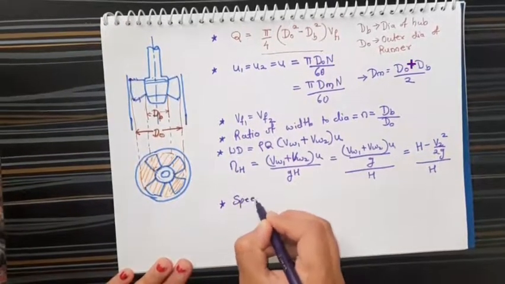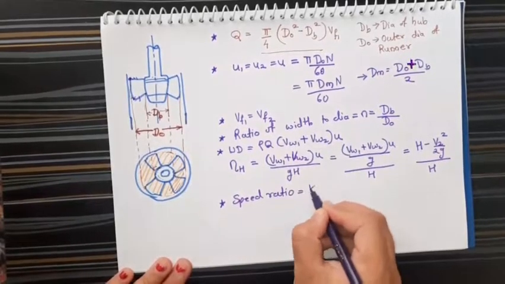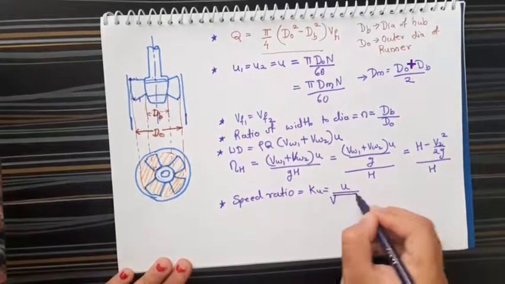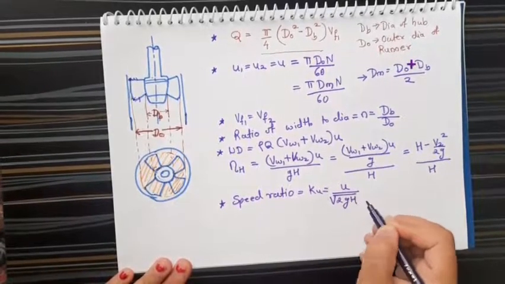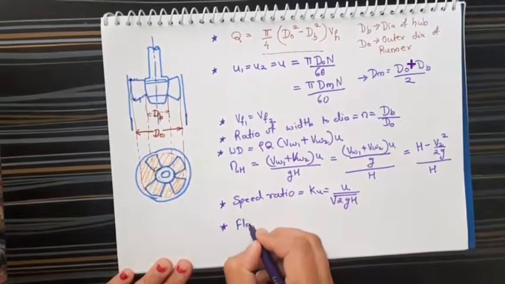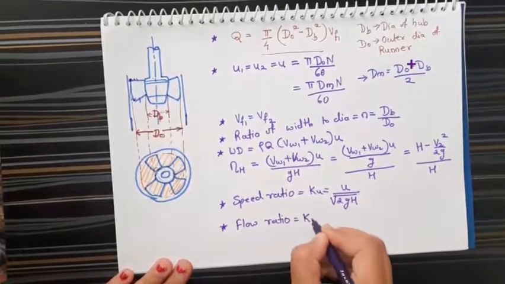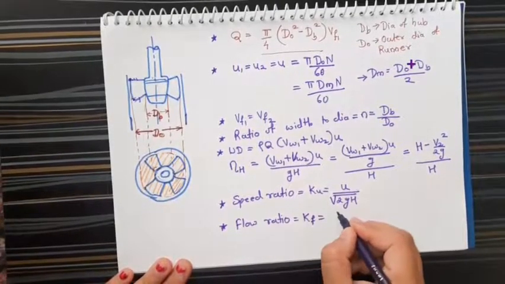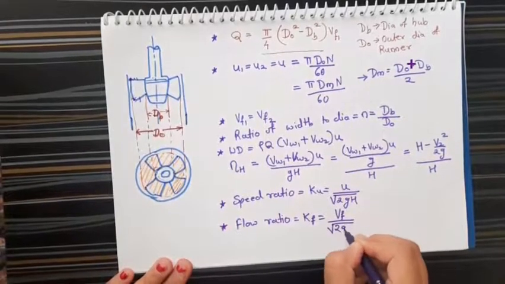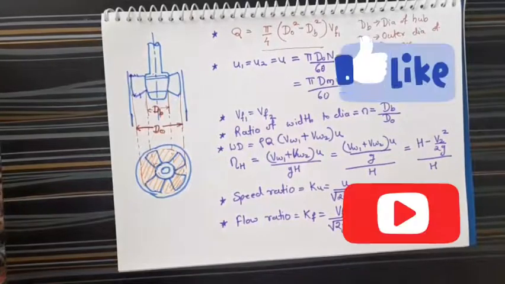Speed ratio, that is Ku, is equal to U upon under root of 2gH. Another one is flow ratio, that is Kf, which is equal to Vf divided by under root of 2gH. Thank you.